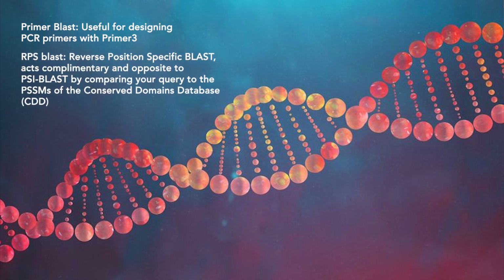The next program is RPS-BLAST, the reverse position-specific BLAST, and it acts as a complement and opposite to PSI-BLAST by comparing your query to the PSSM, position-specific scoring matrix, of the conserved domain databases. Next, Primer-BLAST is useful for designing primers using the Primer3 algorithm and checking their template specificity using BLAST against selected sequence collections.